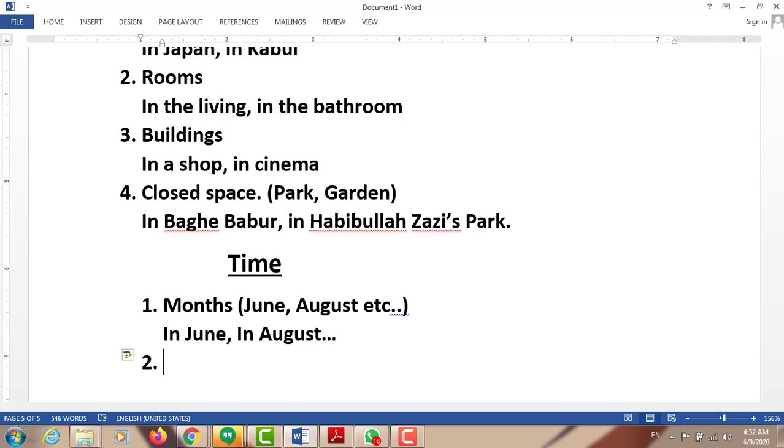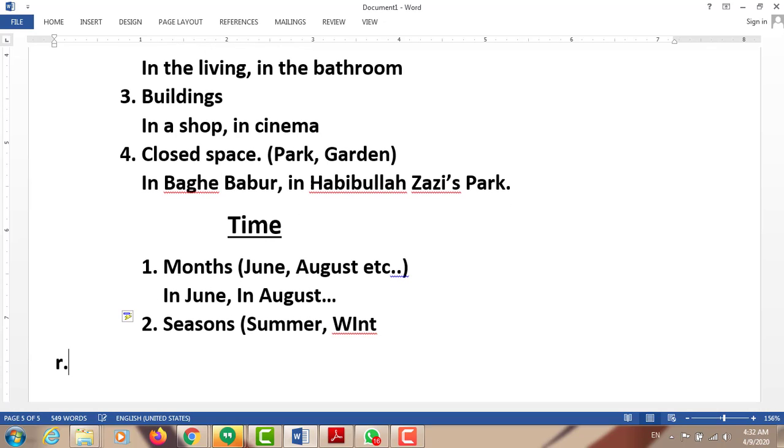Number 2, you can also use it for seasons, for example summer, winter, and so on. In summer, in winter. So you also use in for seasons. Very easy.